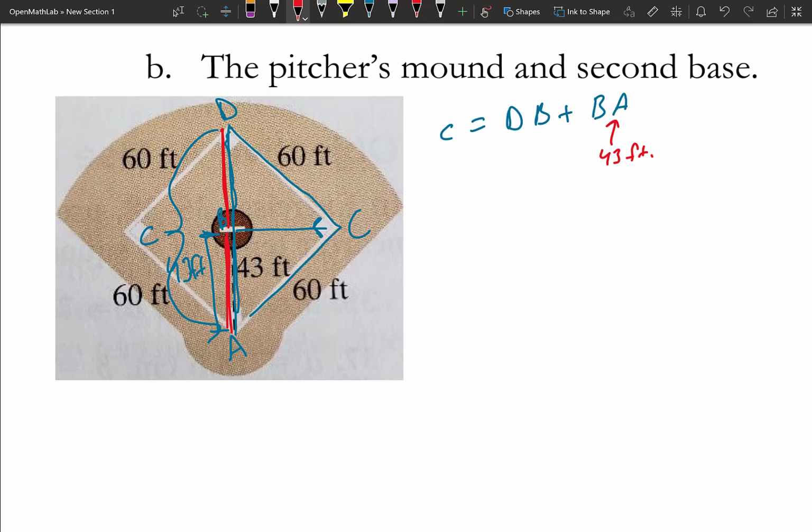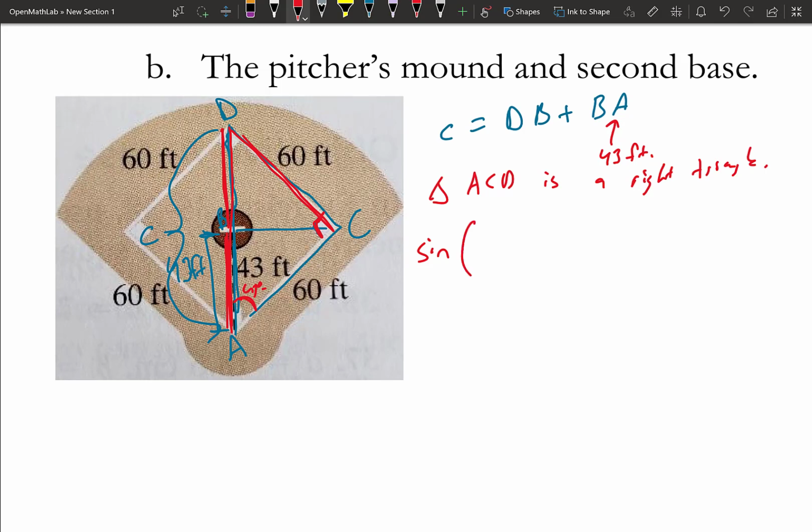Also, just to point out, triangle ACD is a right triangle, because this is a right angle. So I know that this measurement is 45 degrees still, and I know that this is 60, and I'm trying to find the hypotenuse. So what I could do is not use the law of sines, but just the trig function sine, since it's a right triangle.